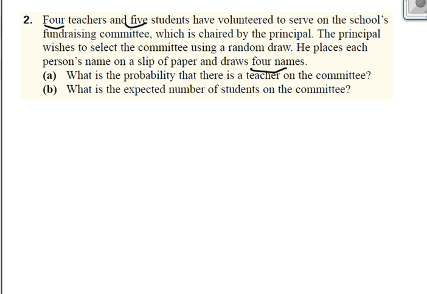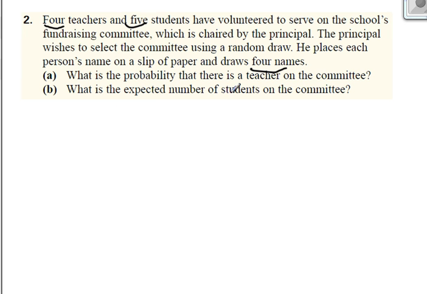So first of all, please make sure you understand that this is not a binomial experiment. There are not 2 outcomes because there could be 4 teachers, there could be 3 teachers, there could be 2 teachers, and so on. It's definitely not a binomial experiment. So it's really kind of doing old-fashioned chapter 4 math from section 4.7.